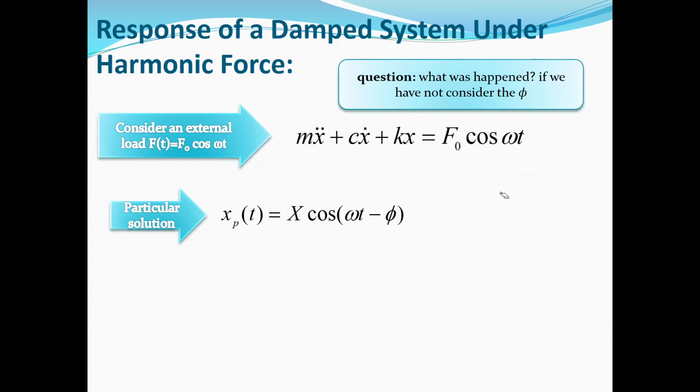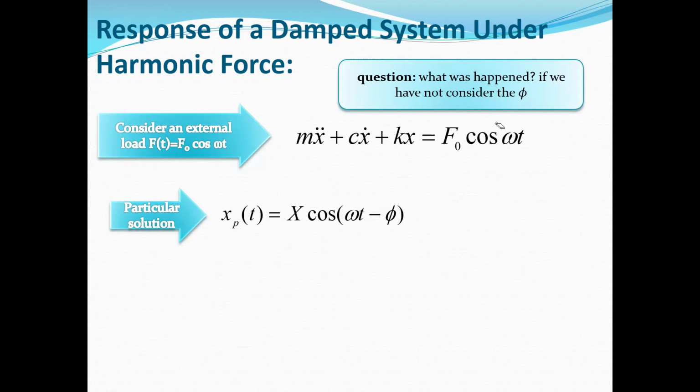Okay. And one question here, what would happen if we had not considered the phi or the phase angle? As I told you, this is due to the x dot term in the equation. In the previous section, when we dealt with forced vibration of a system without damping, the equation was m x double dot plus k x is equal to F naught cosine omega t.